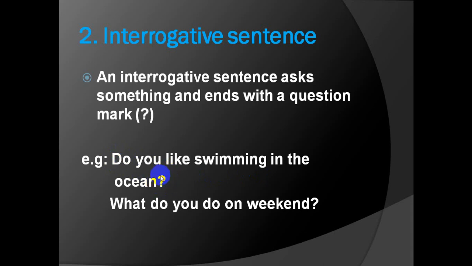When I say this interrogative sentence, I'm asking the question of whomever is listening to me. I am asking them whether they like swimming in the ocean or what they do on the weekend. Right? So this is what we call an interrogative sentence.